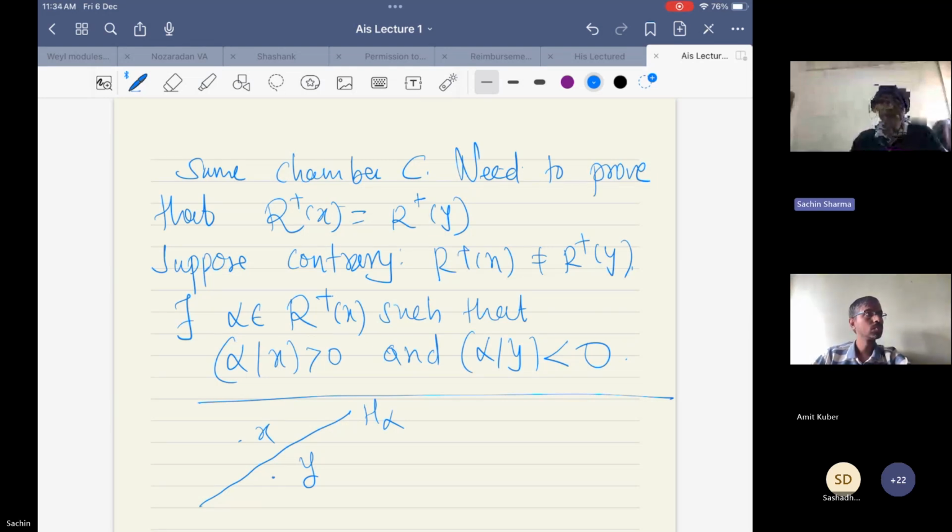They are separated by the hyperplane, isn't it? Can they be in the same connected component?